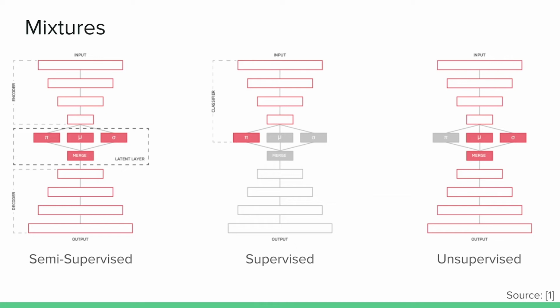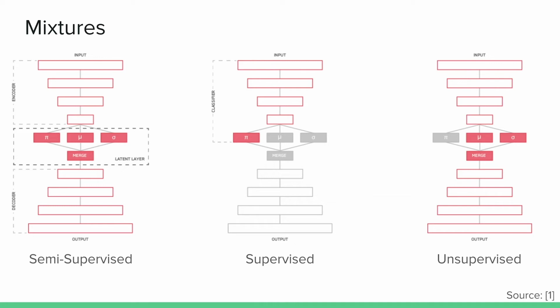Let's start with the thing in the middle. We have our inputs, and then we produce our pi, our target classification. This is what we've already seen before. So we don't have any decoder; we deactivate the prediction of mu, sigma, and so on.